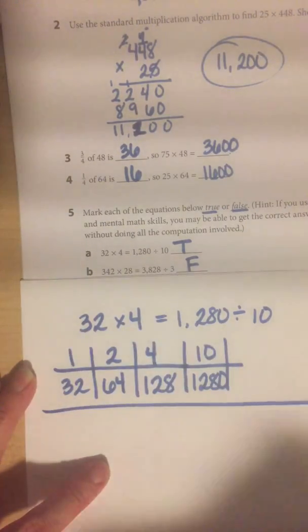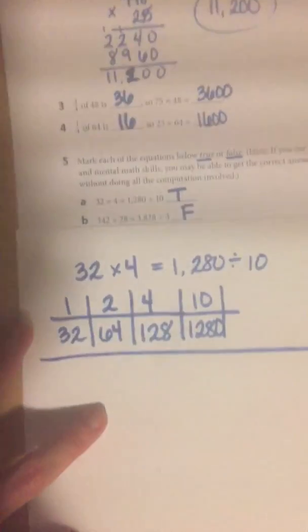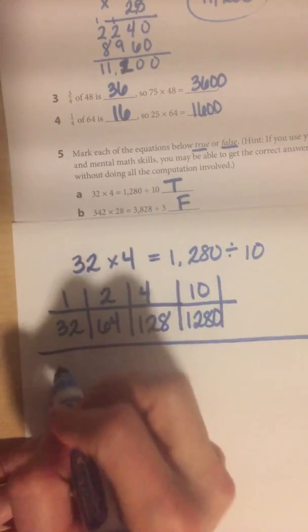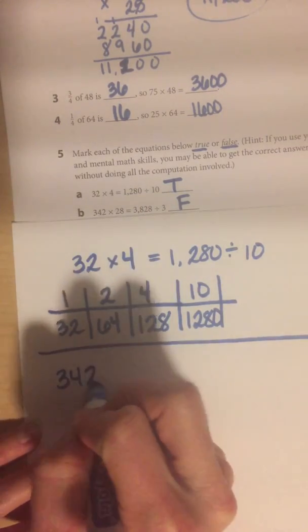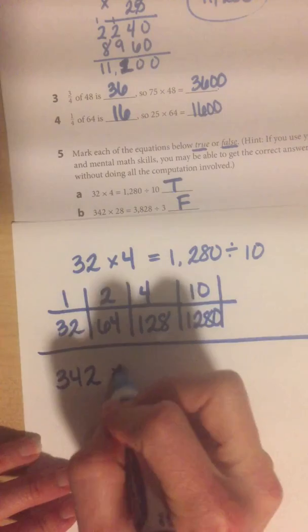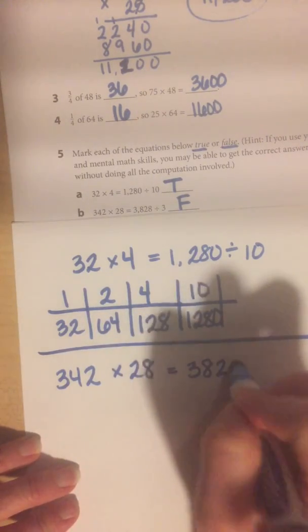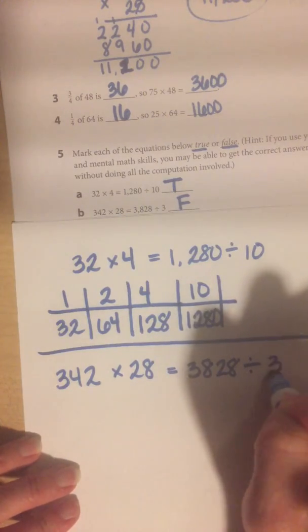So I'll move down to B here. On B, I have 342 times 28 equals 3,828 divided by 3.